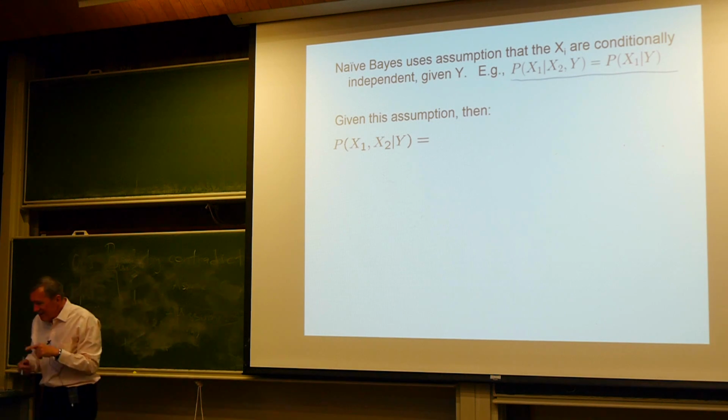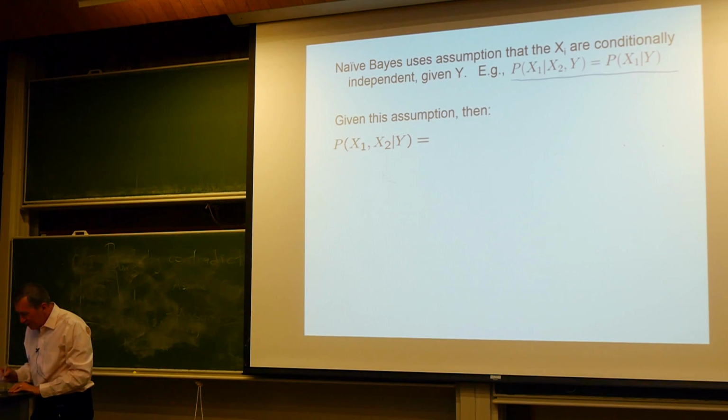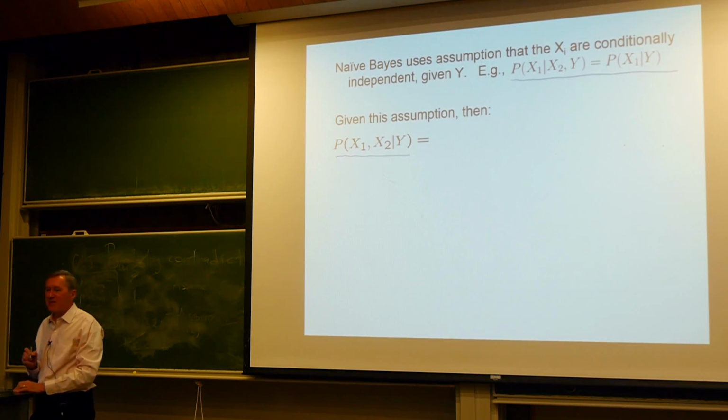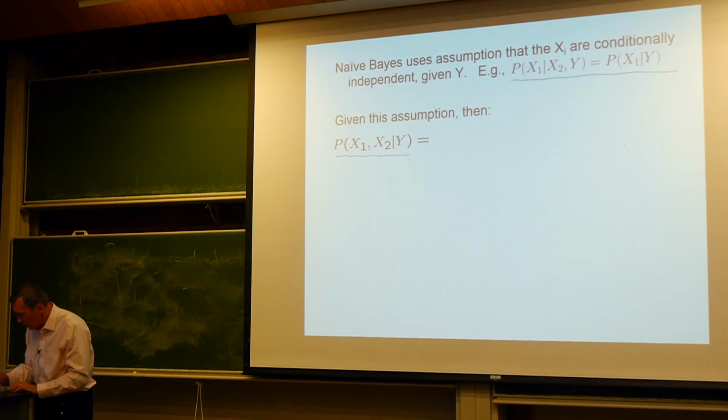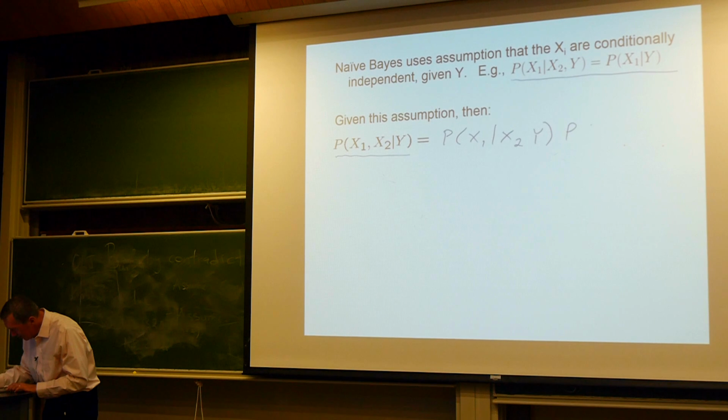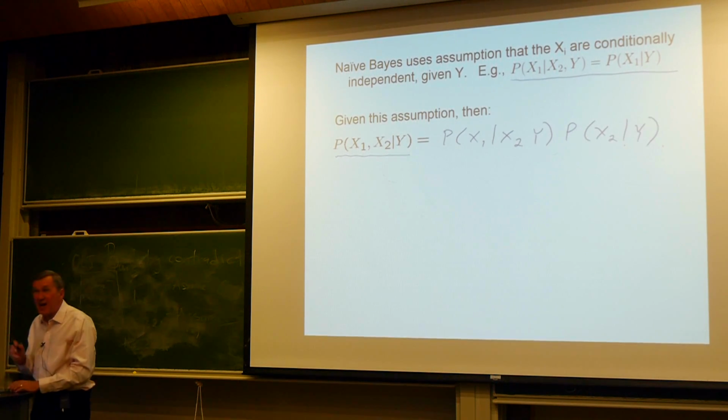One of the implications is that we can express this quantity in a nice way. Remember, the chain rule tells us that we can rewrite anything like this as just p of x1 given x2 and y times p of x2 given y. So this is just the chain rule.